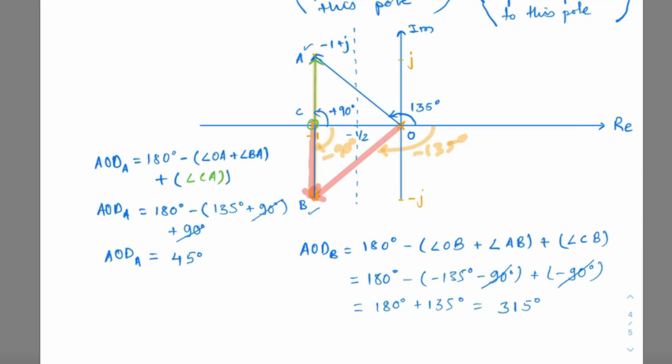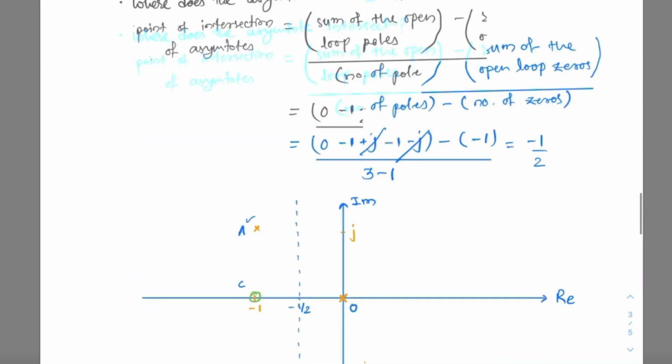This is also minus 45. So here, since we have 45, here we have its complement. So we have found out the angles of departure.